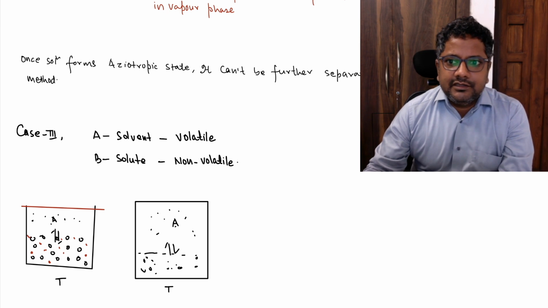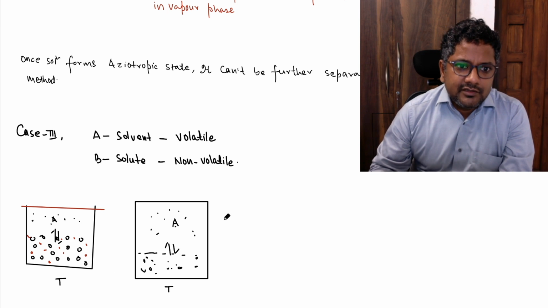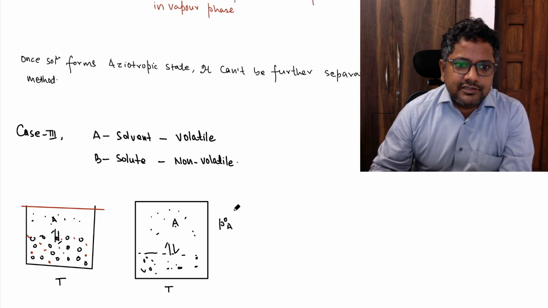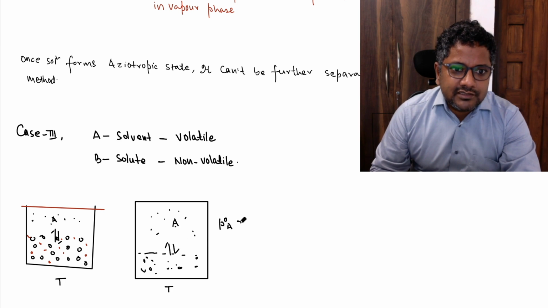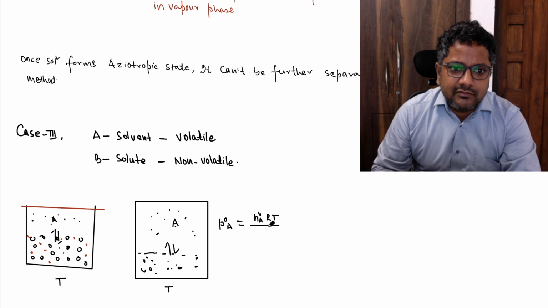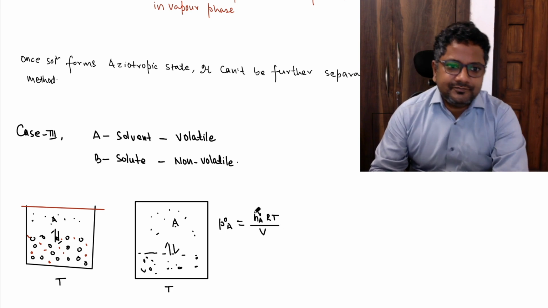So in this case, the vapor pressure of A is known as P naught A, because this is pure. And how to calculate this? You can very easily calculate it as moles of A in vapor phase into RT by V. Simple formula, equation of state.